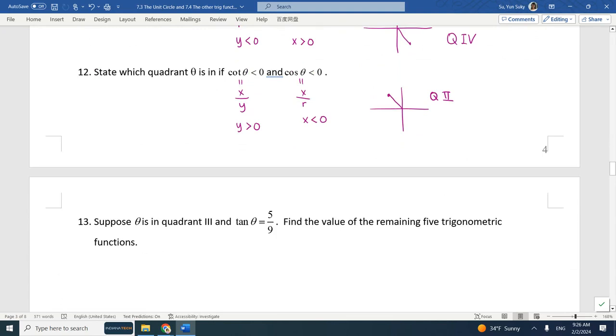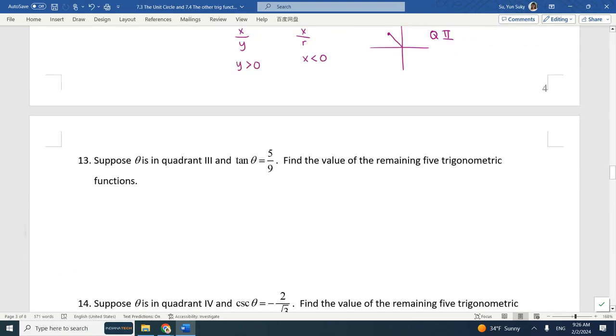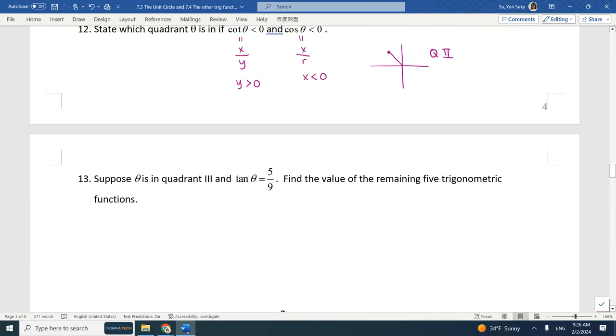Now, suppose theta is in quadrant 3 and the tangent of theta is 5/9. Find the values of the remaining 5 trig functions. Okay, let's draw a picture. Quadrant 3, right here. So that's the x, that's the y, that's the r.